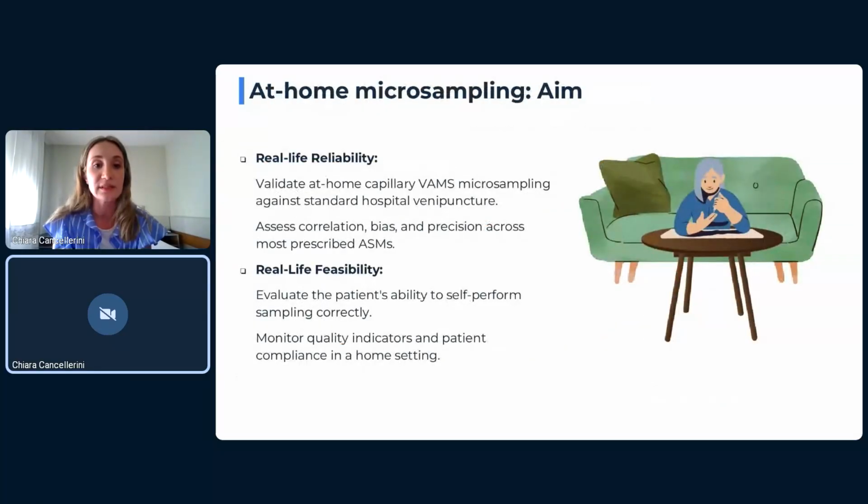This brings us to the second part of our project, the at-home microsampling, where we wanted to perform sampling directly in at-home patients. So we evaluated the analytical reliability of at-home VAMS versus the ambulatory plasma, and we also assessed the feasibility through a specific survey.